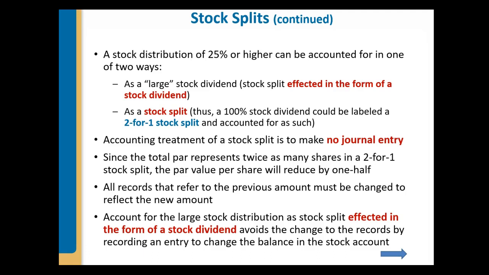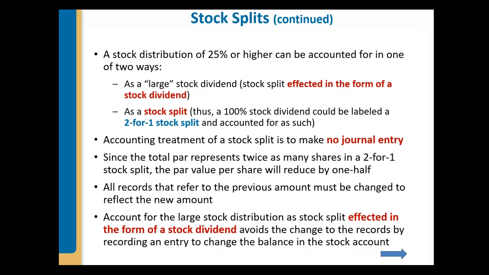Since the same common stock account balance, total par, represents twice as many shares in a 2-for-1 stock split, the par value per share will be reduced by 1/2. In this previous example, if the par were $1 per share before the stock distribution, then after the 2-for-1 stock split, the par would be 50 cents per share.